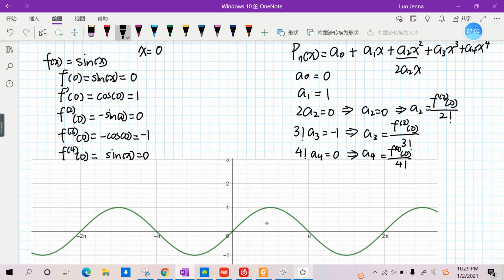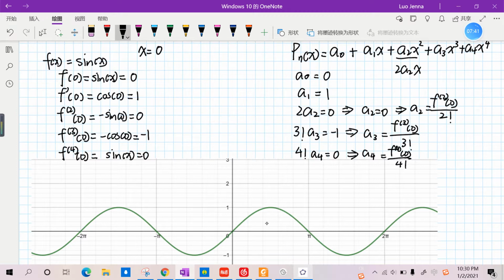So in this way, we cannot make P(x) like this one or this one, because of course their slope doesn't fit the slope of sine x at x equals 0. So here we need to take the first derivative of sine x in order to make the slope of P(x) equal to the slope of sine x at x equals 0. And for the second derivative, it fixes the curvature of sine x at x equals 0.